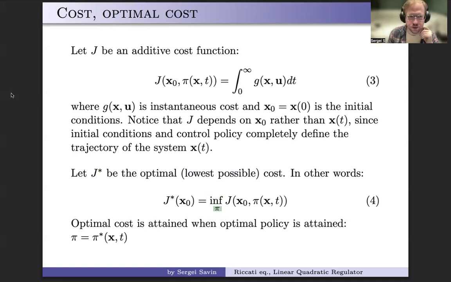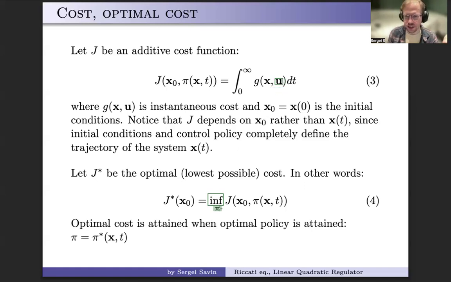With this notation, when you write infimum, minimum, argmin, any minimizer, under it you write the variable which you are allowed to change to do the minimization. So here we change pi. Notice we don't change u, we change pi.